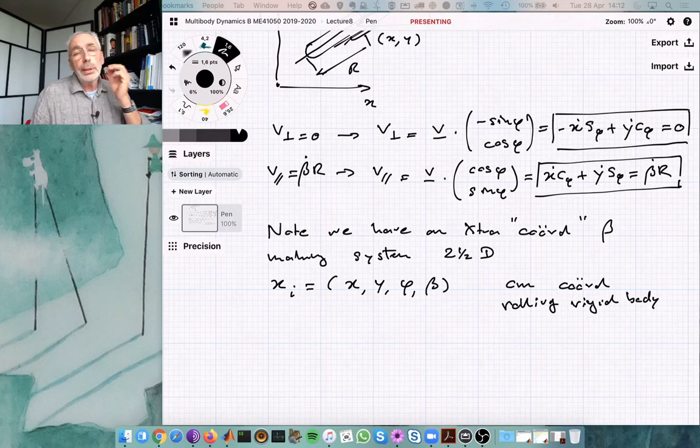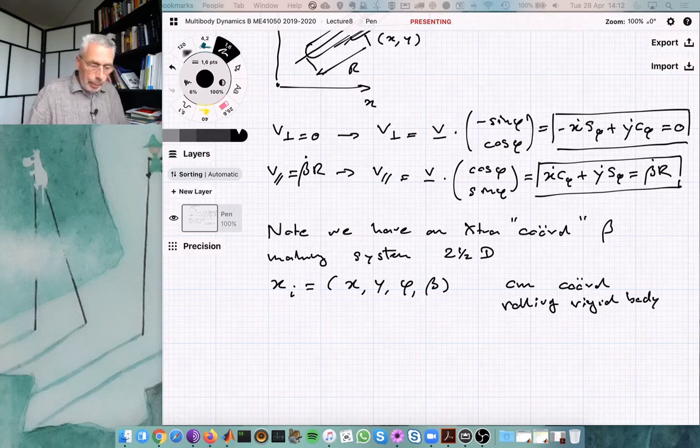You can even extend that. If you look at a ship going through the water, then there is some side slip, but most of the ship is going in the longitudinal direction. So if you want to make an approximate model, you could say a ship is like a skate on the ice, and we put a non-holonomic constraint on that it can have no side slip.